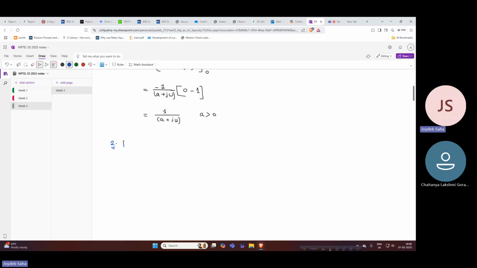Find the Fourier transform of x(t) is equal to delta(t).